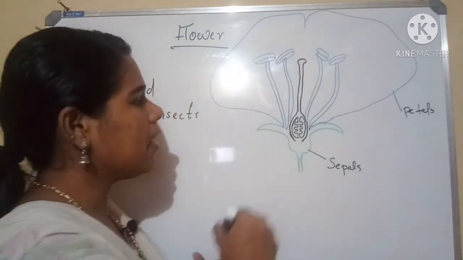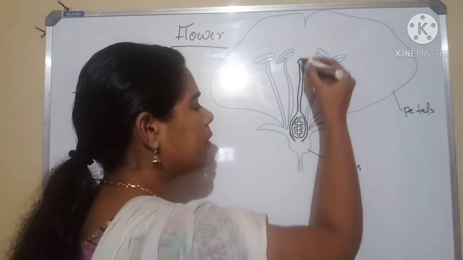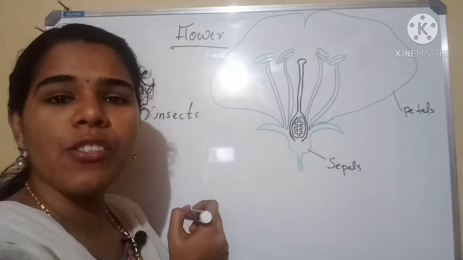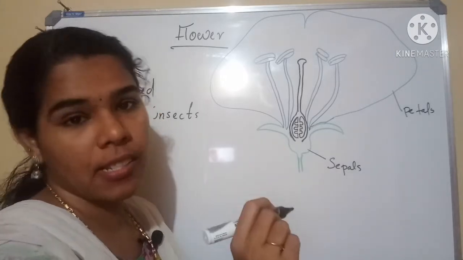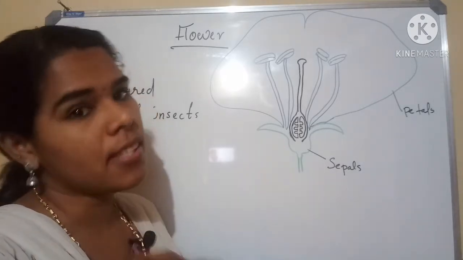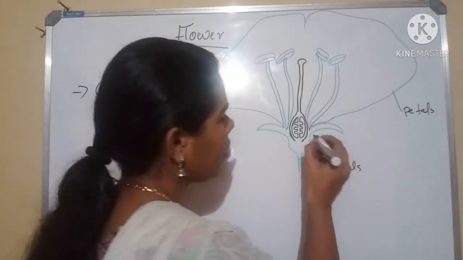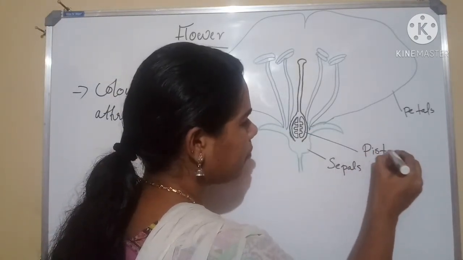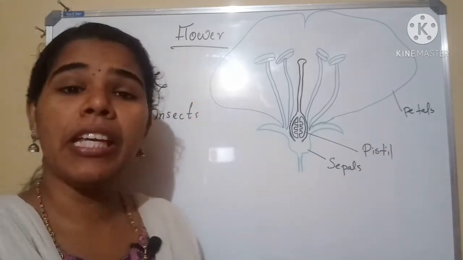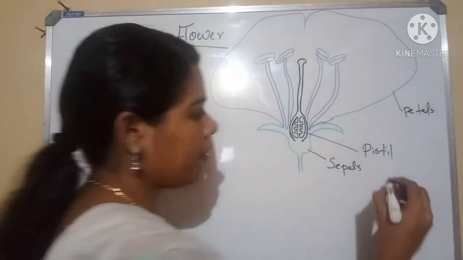First, inside, this part is known as the pistil. The pistil is the female sex organ.